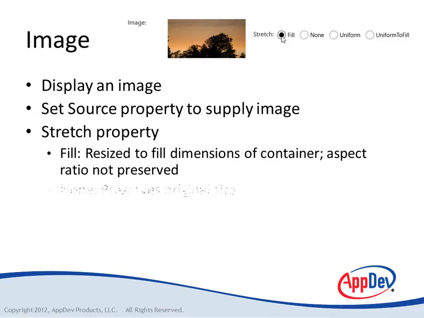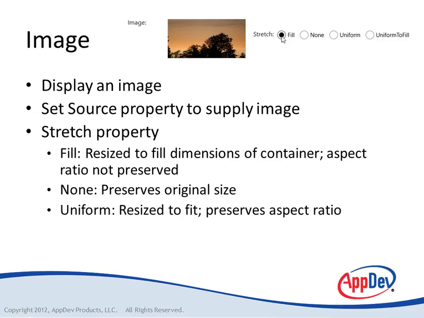There's none, which preserves the original size, which means you may see just a tiny portion of the image in the image control. There's uniform, which means the image is resized to fit and it preserves the aspect ratio. You'll see the entire image, but it may not fill the entire image control because of the aspect ratio differences.